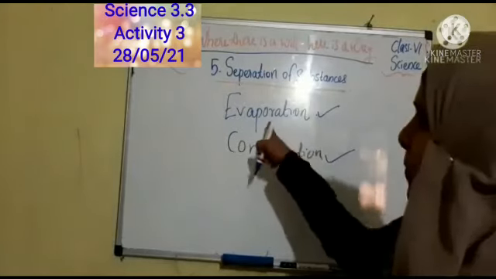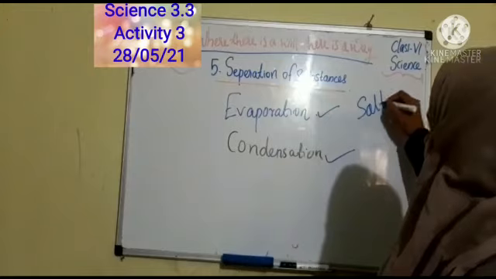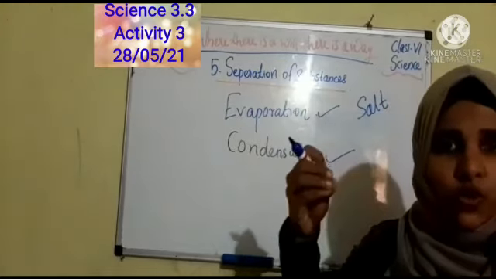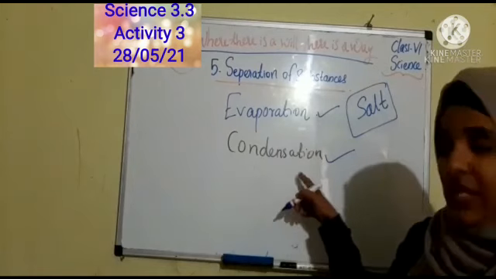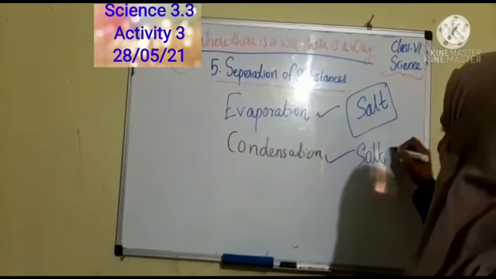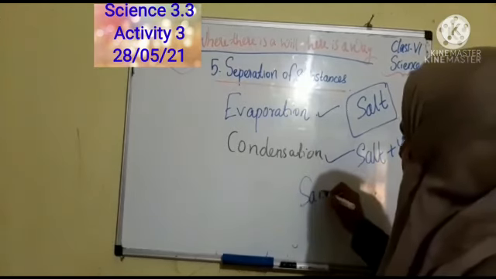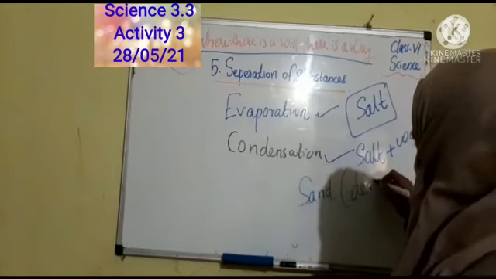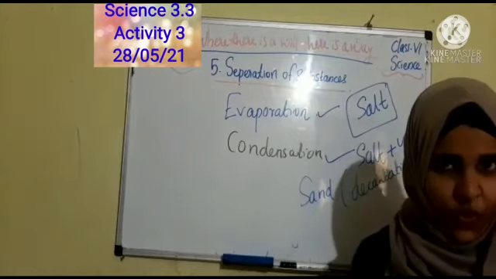Through the process of evaporation, we separated salt from the solution, right? And through the process of condensation, we separated salt and water, right? And sand we separated through the process of decantation, that we already learned in our last class. Clear all of you?